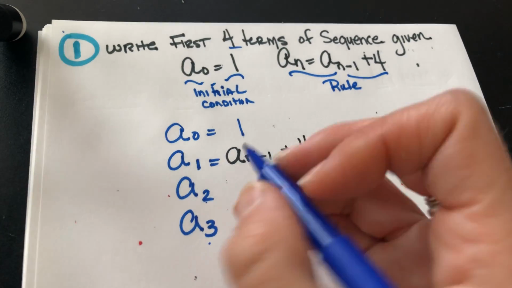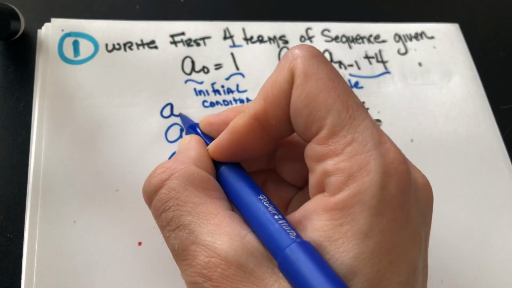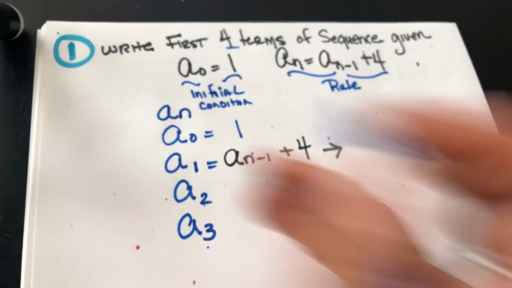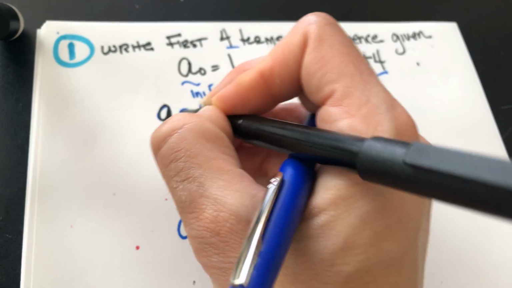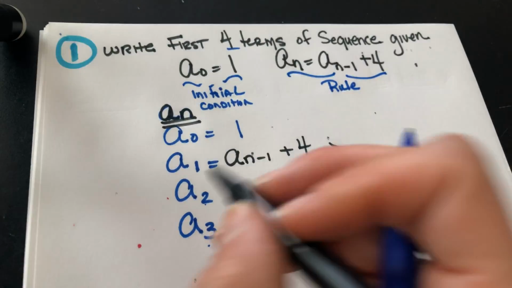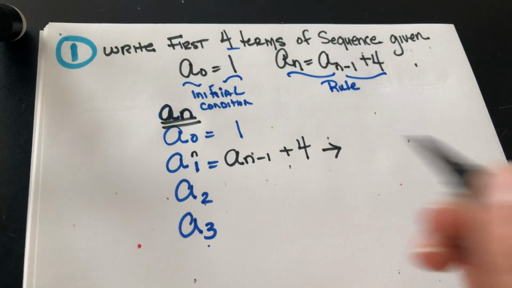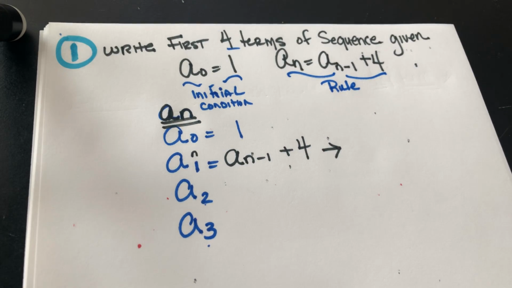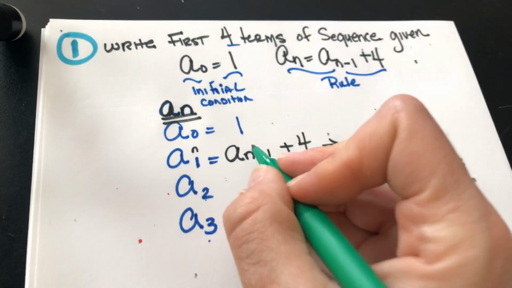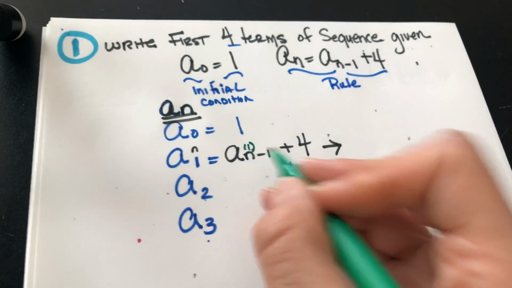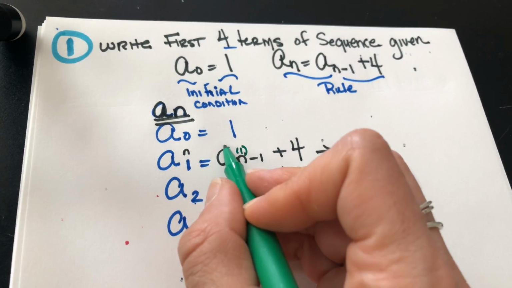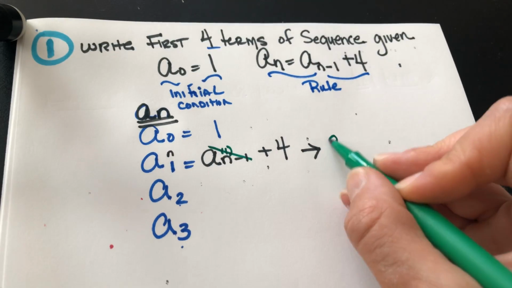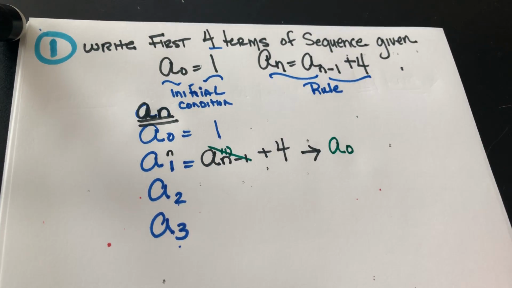What this means, again, if this is a sub n, actually I probably should have written that here. That's a sub n. So that means, again, that 1 is n. So think about this. If I substitute 1 here, 1 minus 1 really means, hey, you guys, I want a of 0's term.